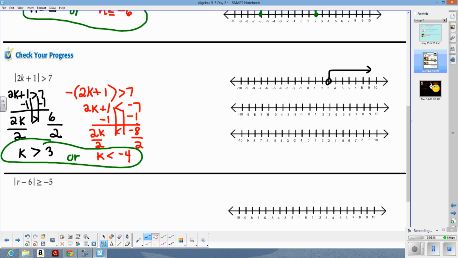And then for the second inequality, open circle on -4, and we want the ones less than, so it goes to the left. Now the union of these two graphs is putting them together on the same number line. Open circle on the -4, open circle on the 3, and it would look like that. So the numbers that would make this inequality true would be the numbers greater than 3 or the numbers less than -4.